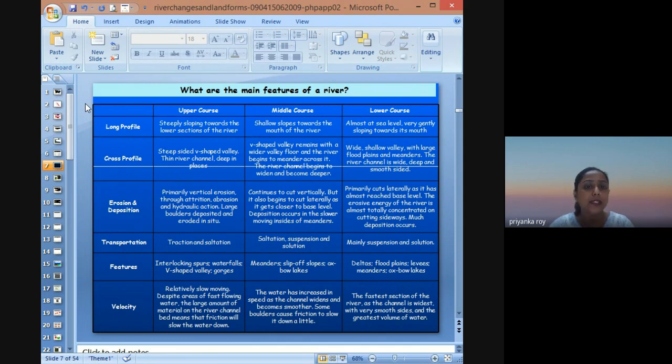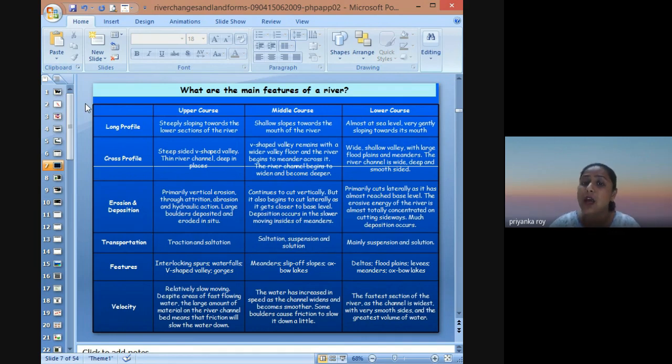So then on the lower course, it primarily cuts laterally. Lateral cutting or lateral erosion is more prominent in the lower course of the river, as it has almost reached the base level. Because it has lesser elevation, the water is sluggish.